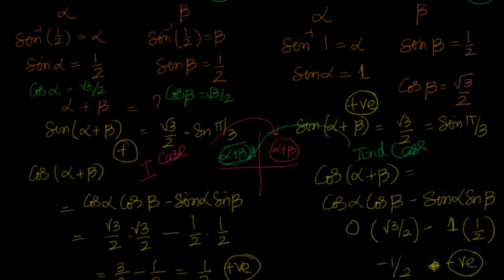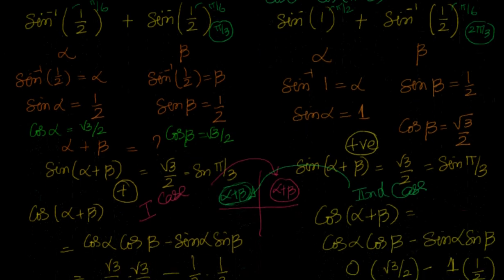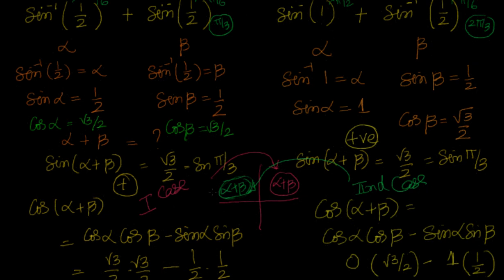So to summarize, whenever you have been given problems like this, you don't need to remember any formulas, just simply solve them. But once you are able to find out alpha plus beta or alpha minus beta, whatever it is, don't do it for one trigonometric ratio, do it for more than one, so that you can find out in which quadrant that particular alpha plus beta or alpha minus beta is lying.